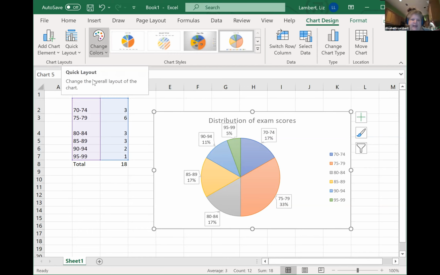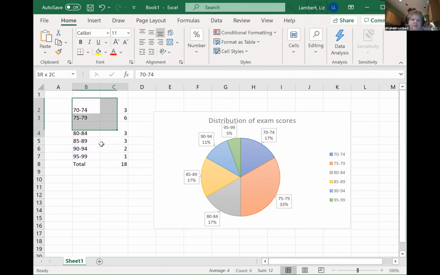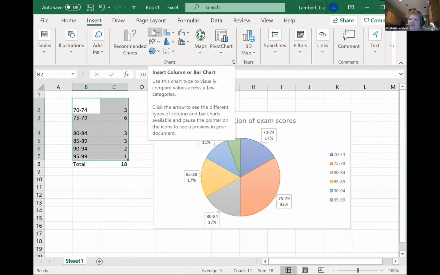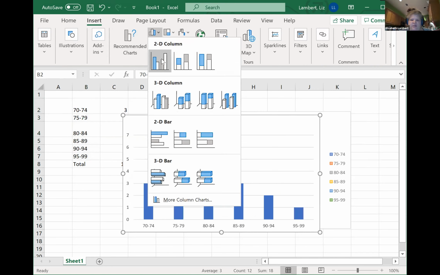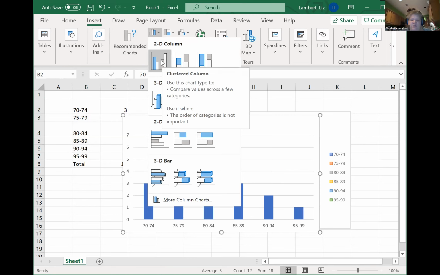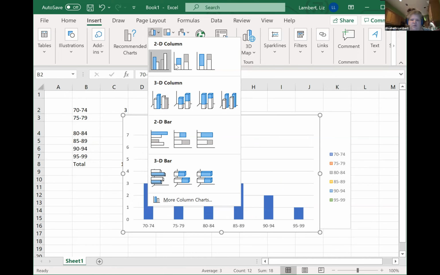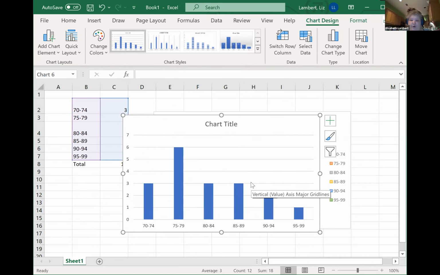So we couldn't get it to do a histogram, which is not entirely a surprise actually, but there's just a rough bar graph.